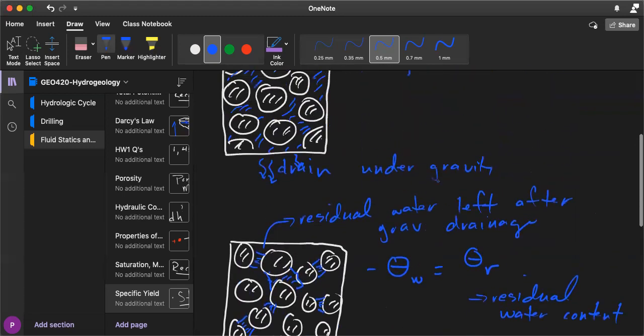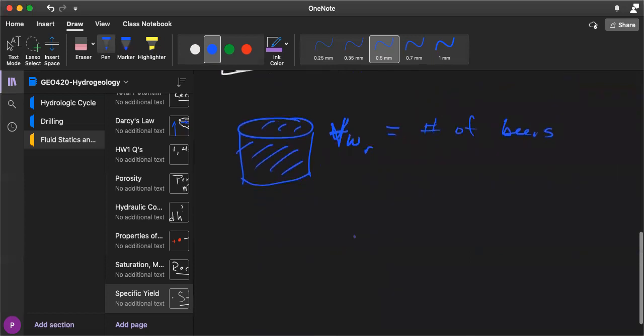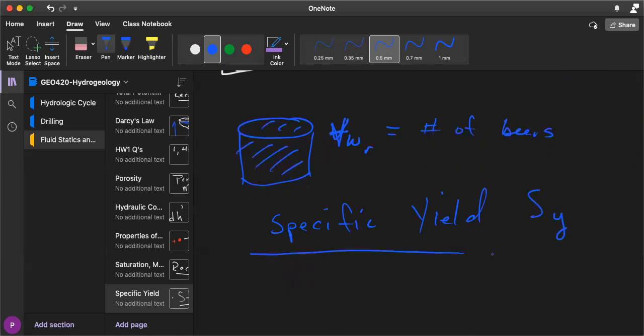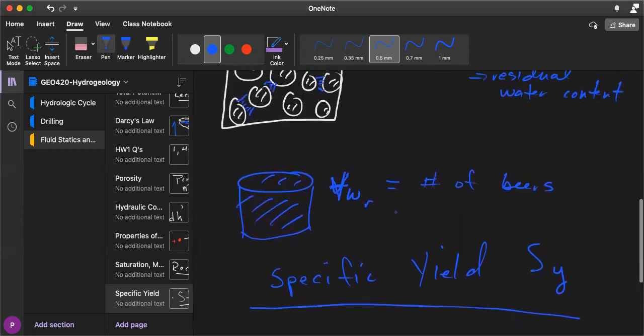So an important property of the porous media for groundwater hydrologists is called the specific yield. And this is the volume of water released or drained.